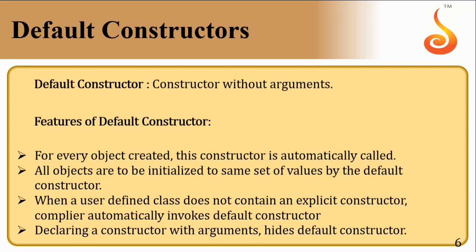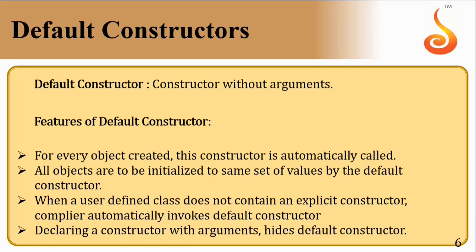When the user class does not contain an explicit constructor, that is, you don't have a parameterized constructor, then the compiler automatically invokes the default constructor. Suppose I have a parameterized constructor, that is, a constructor with arguments. Depending on how many arguments or type of arguments I pass, that constructor gets invoked.